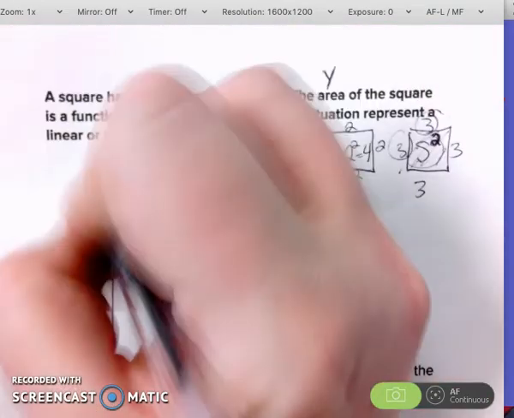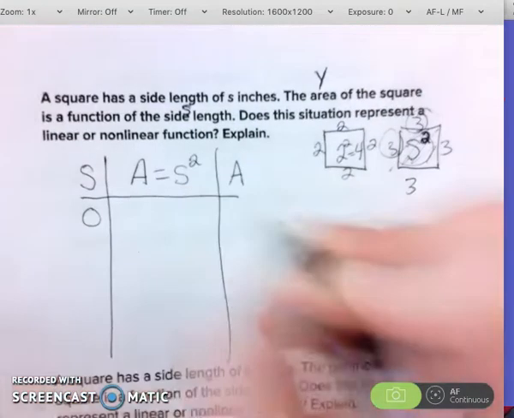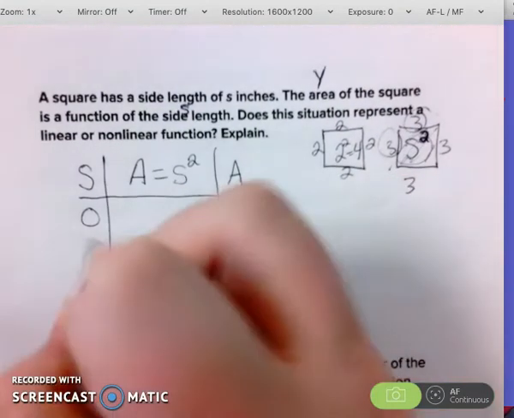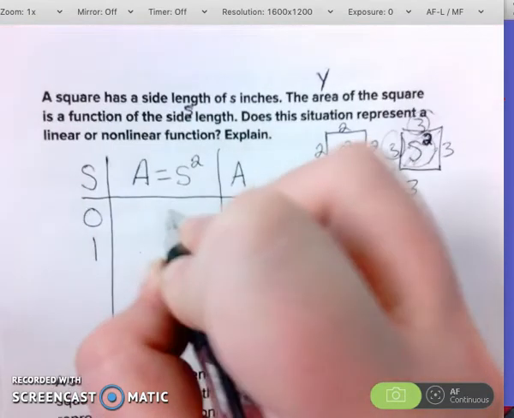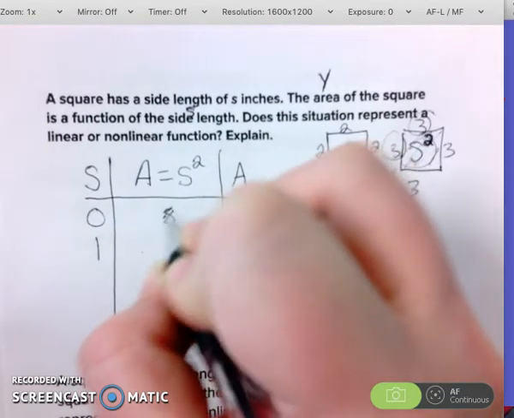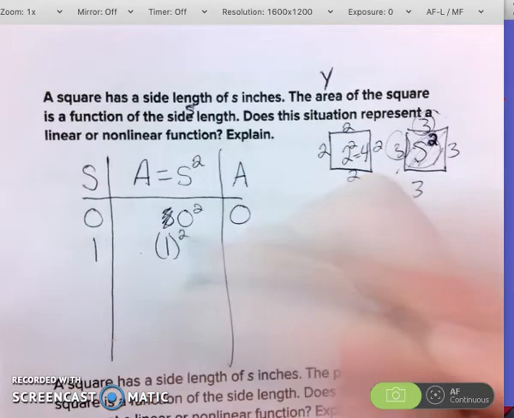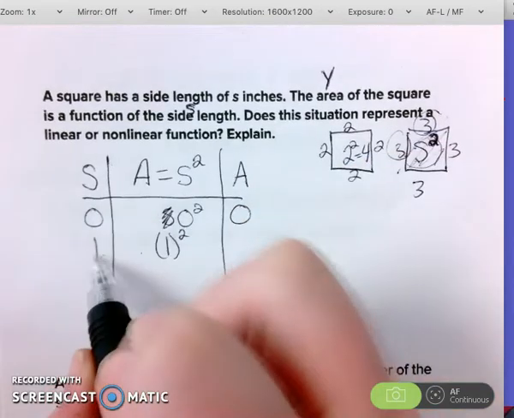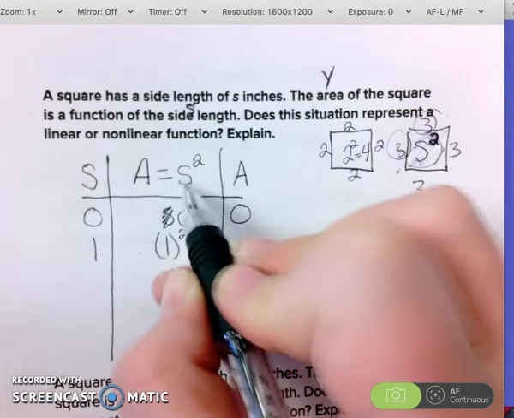Because of that, we can make a table here. The side length and the area. If the side length is 0, the area would be 0, right? Side length of 1. And we're going to do some math here. 0 squared is 0. 1 squared, we're substituting the side length of 1 in for s, and then multiplying it by itself.